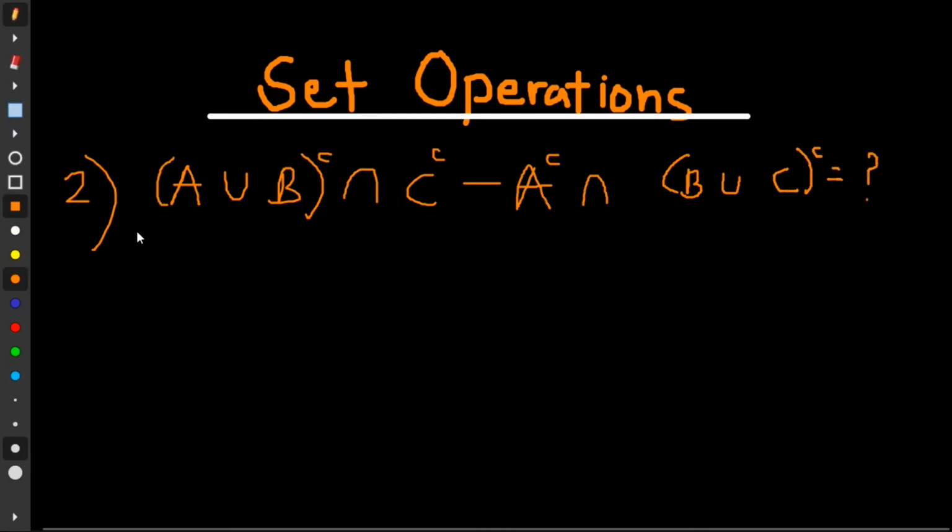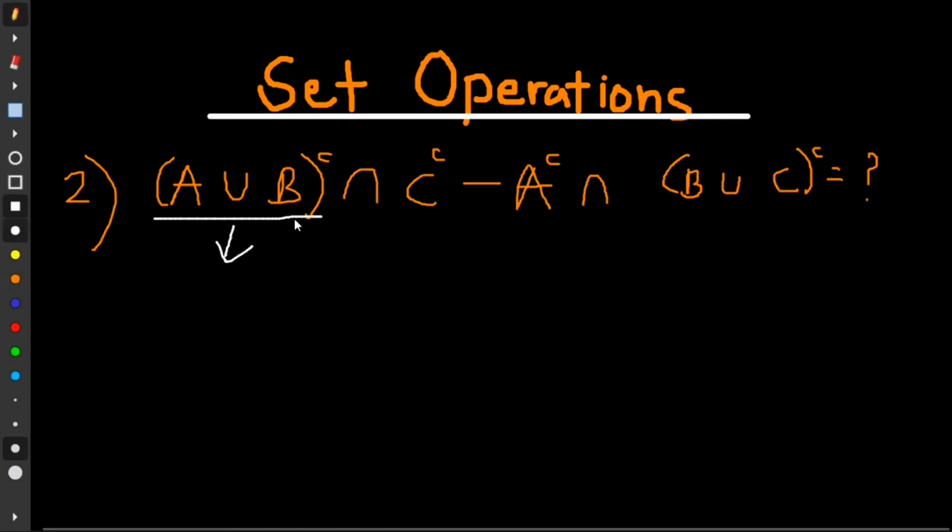We're tasked to find this. At first glance, it might seem problematic because we won't give any examples here. Unlike before, where we had set A equals 1, 2, 3, in this case we won't give any of that. So how do we solve these types of problems? Like a while ago, let's focus on this first one.